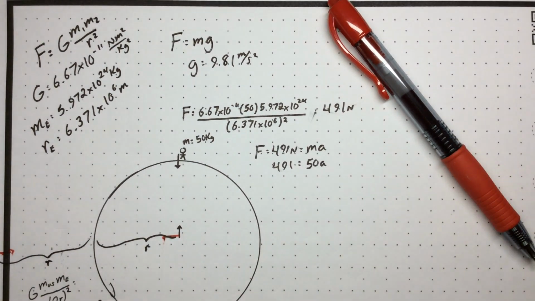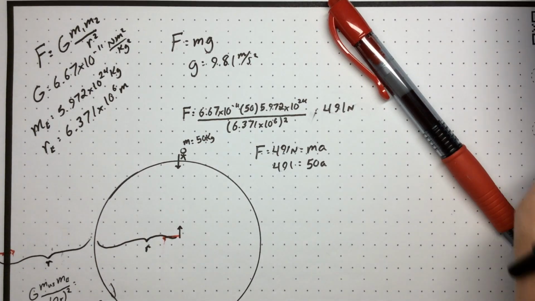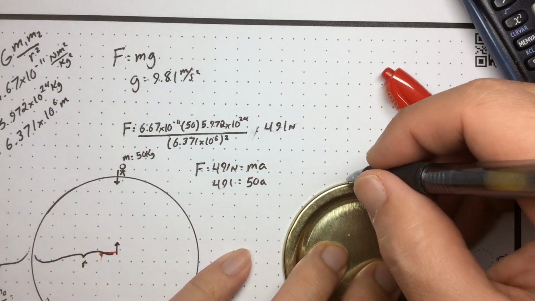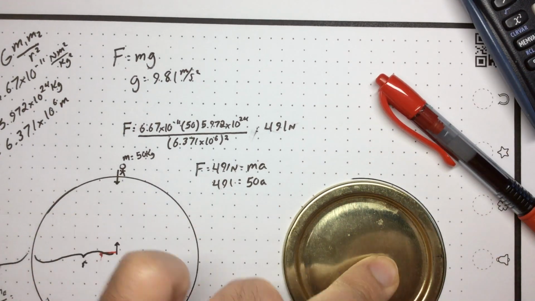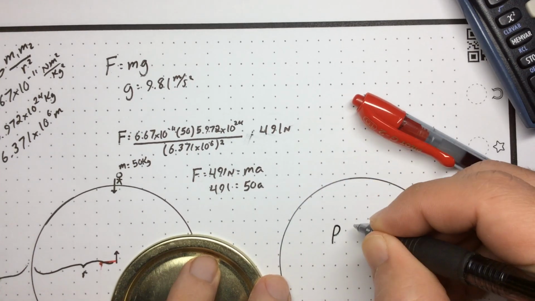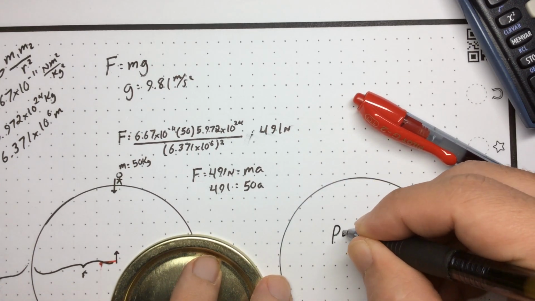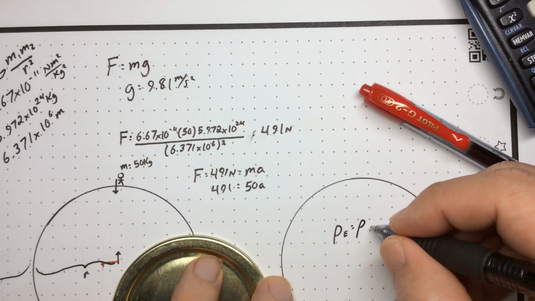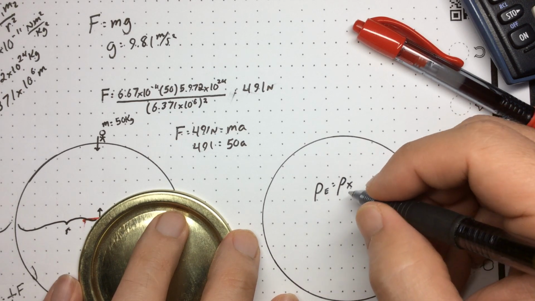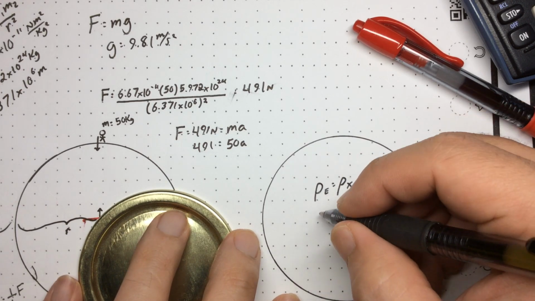Now, an AP question would be, what if you had a planet that was like Earth, but let's say the density of the planet Earth is the same as the density of planet X. I don't know what it is, but planet X is going to be bigger.